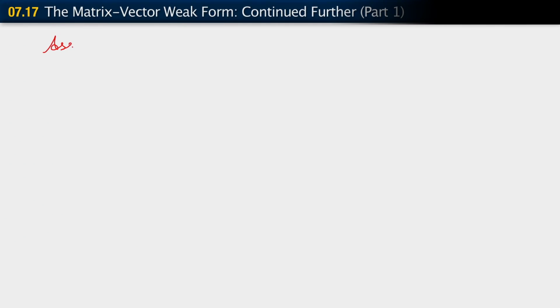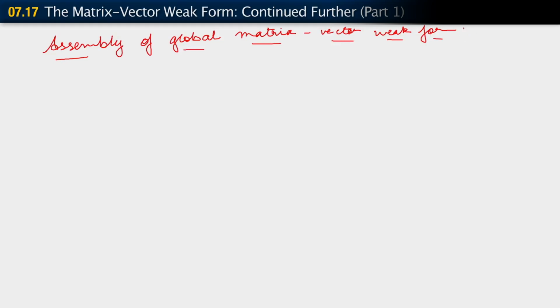Okay, so assembly of global matrix vector equations, but really this is the matrix vector weak form.